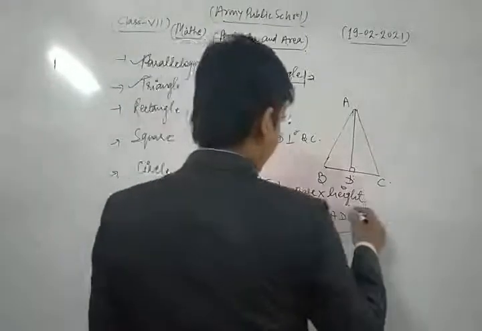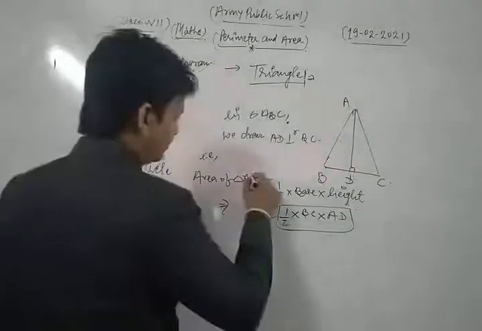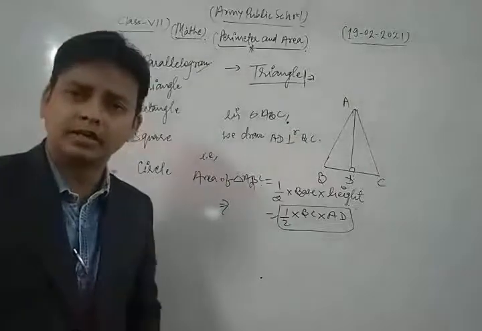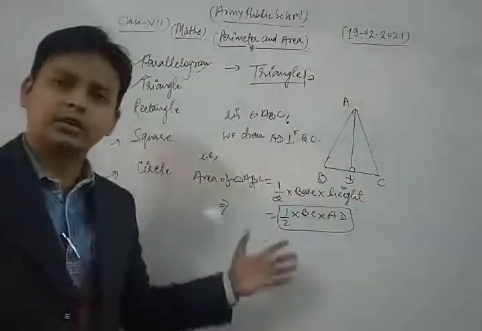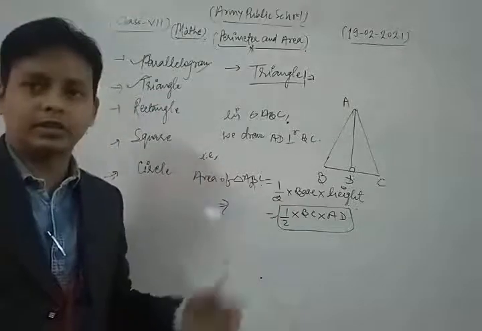So this is the formula for area of triangle ABC, 1 upon 2 into base into height. In this way, using that formula, you can find the area of triangle.